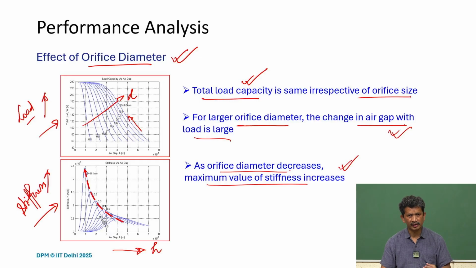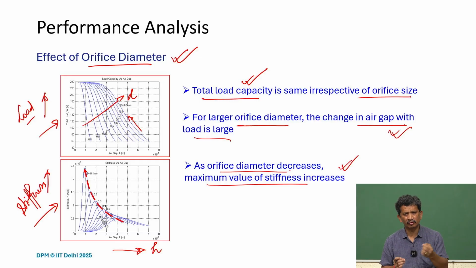That means one has to understand that the total load capacity is not a function of the orifice, but the stiffness is definitely a function of the orifice, because it provides the restriction. Whenever there is a change in load, there might be some backflow, and that will be restricted by the restrictor.